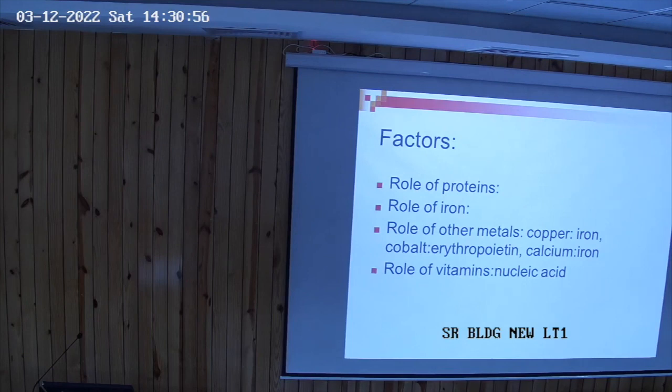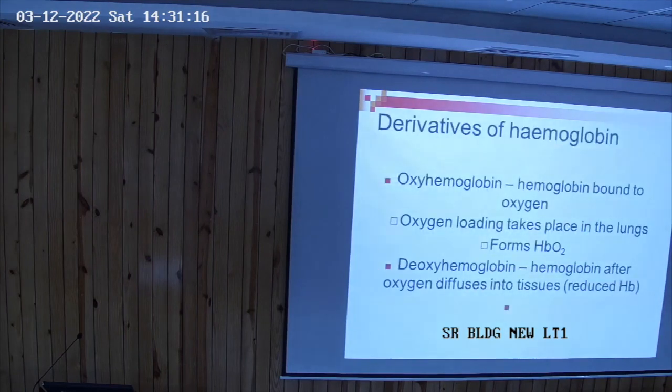These are the basic requirements. And a mature RBC has what? Maximum part of the RBC is covered with hemoglobin.